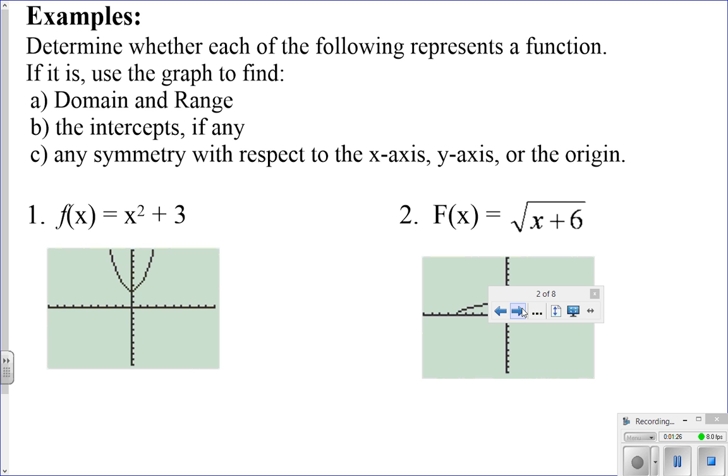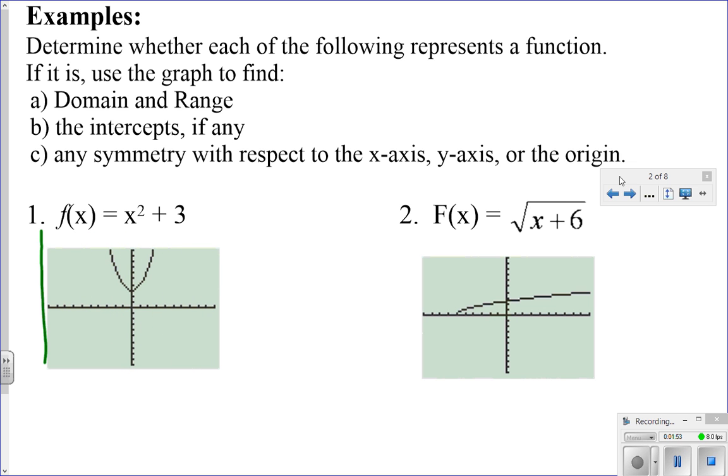All right, so let's look at some examples of some graphs. Here we're going to determine whether they're a function, and we're also going to talk about domain and range, intercepts, and symmetry. So f of x equals x squared plus 3. We have a quadratic with a vertical shift up 3. If I draw a vertical line and drag it across my graph, nowhere does it intersect more than once.